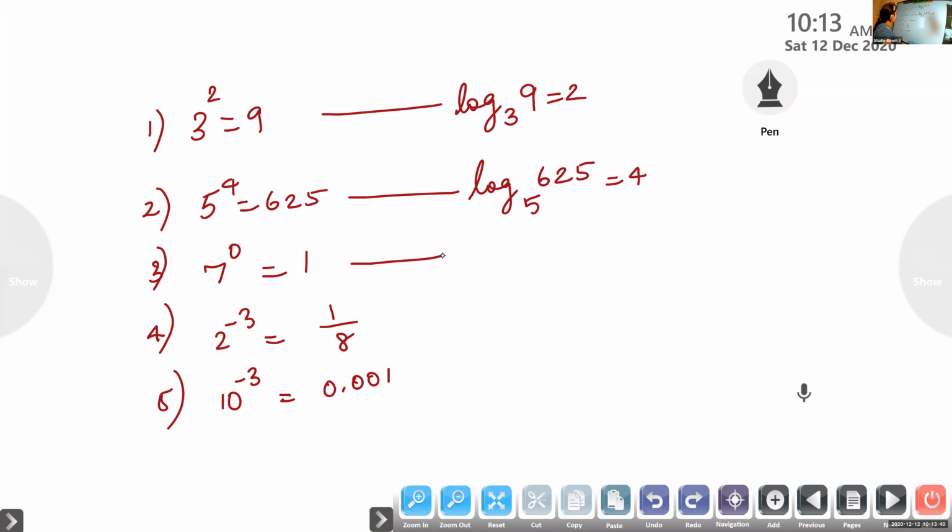Log 1 base 7 is equal to 0. Okay. See, whatever may be the base, log 1 is always 0. Okay, correct, Femina. Next, Anila Mohanan.